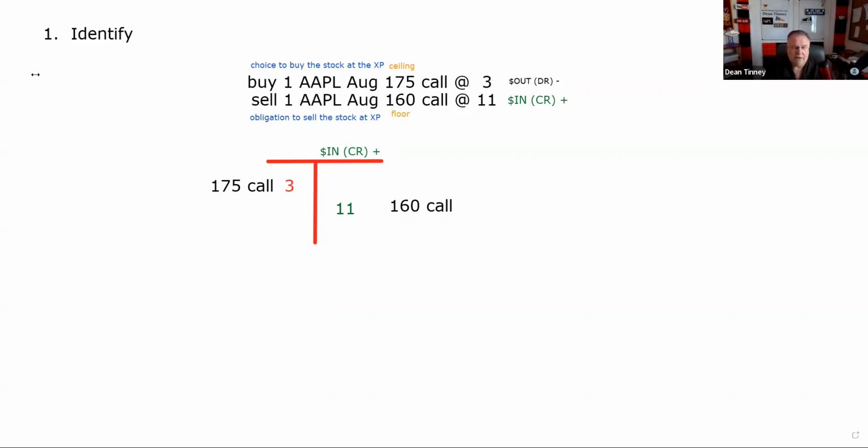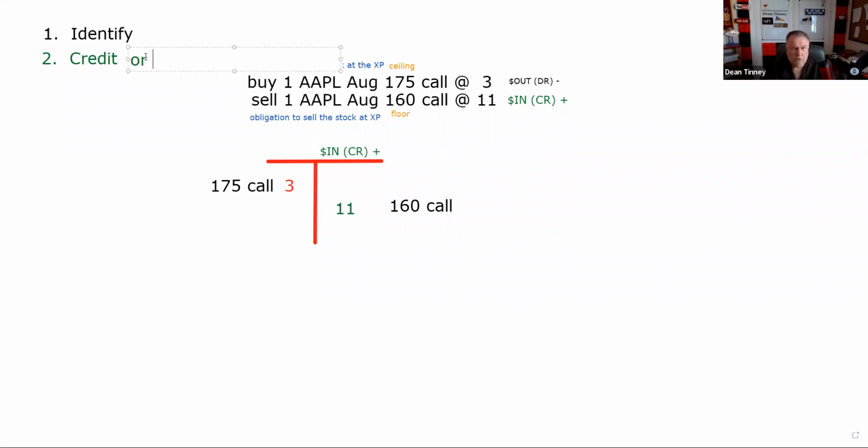After we've identified it, test question number 2: is it a credit or a debit spread? So let's put that there. Let's put this here.